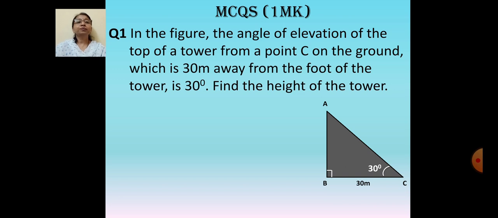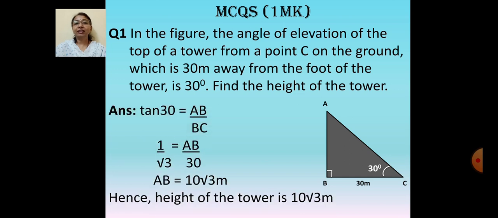Right? So with respect to angle 30, adjacent side is given to you and we have to find the height of the tower. Height of the tower is nothing but length AB, which is opposite to 30 degree. So children, tell me which ratio will help us in calculating this AB? Very easy way. Yes, tan of 30 degree. So tan 30 is opposite upon adjacent, that is AB upon BC.